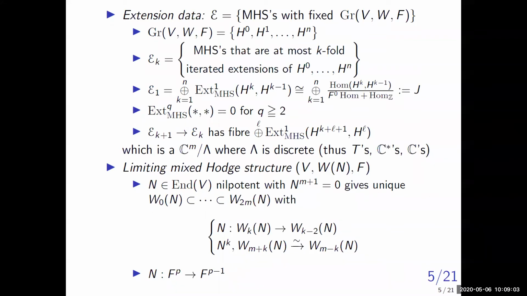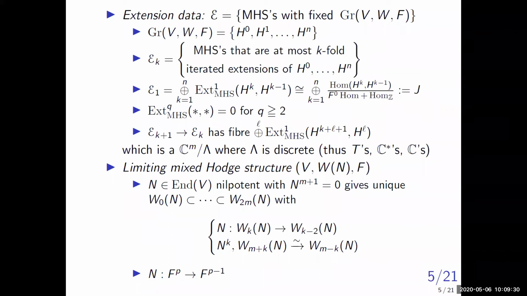So the extension data of level 1 is a compact complex torus. In the category of mixed Hodge structures, the higher Exts are all 0. There are a lot of mixed Hodge structures. There's enough so that when you go through the definition of what's meant by the higher Ext, you have enough flexibility to show that those groups are all 0.